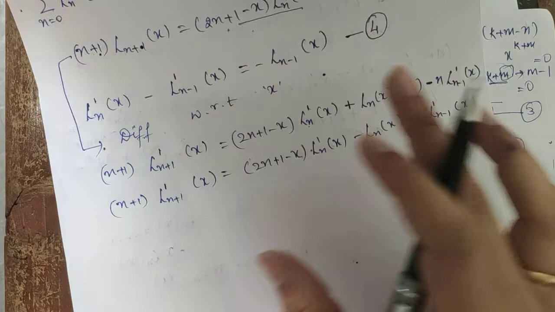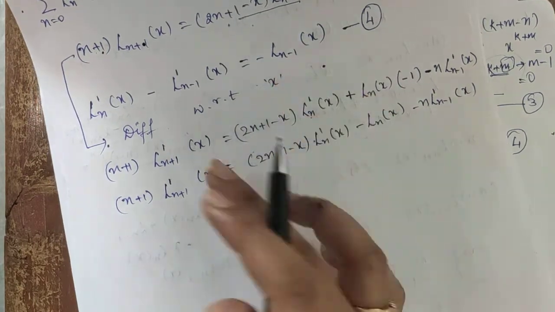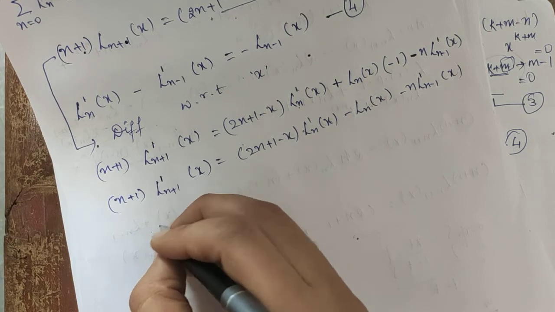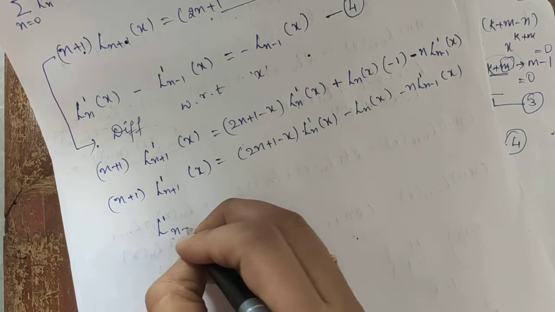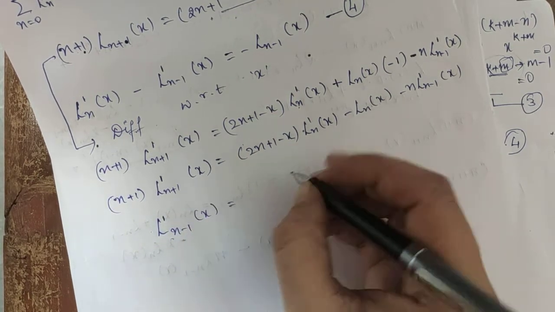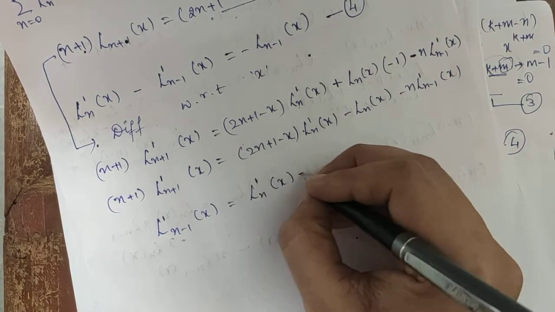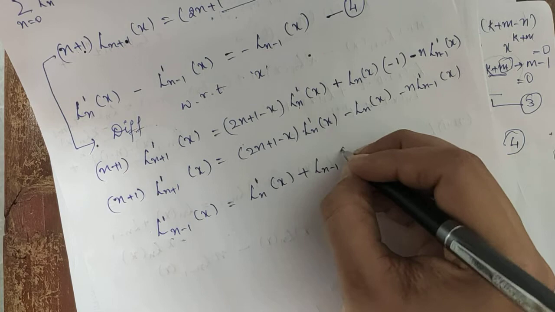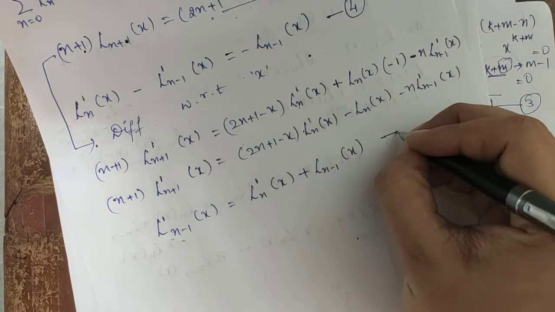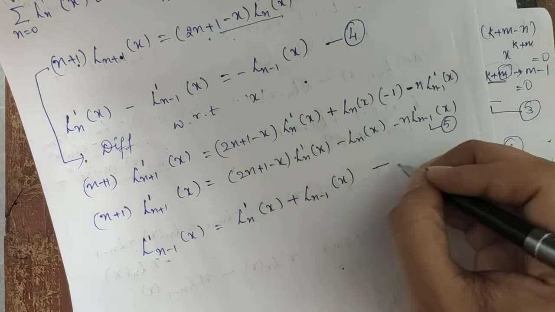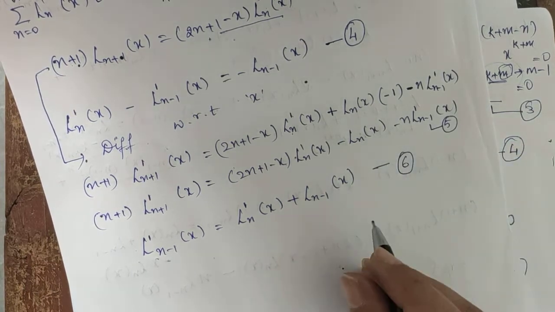Now from equation number 4, I can rewrite it as L'(n−1)(x) = Ln'(x) + L(n−1)(x). I will call this equation number 5, and this is equation number 6.